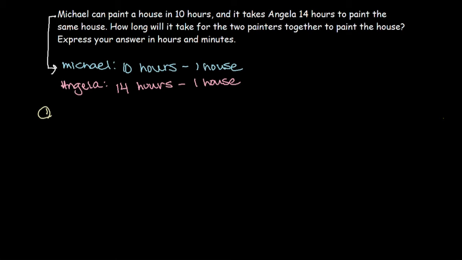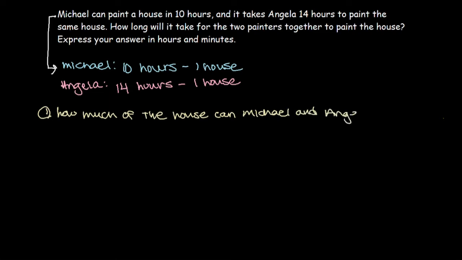is that we need to first figure out how much of the work they can do per hour. How much, in this case, of the house can Michael and Angela paint per hour?